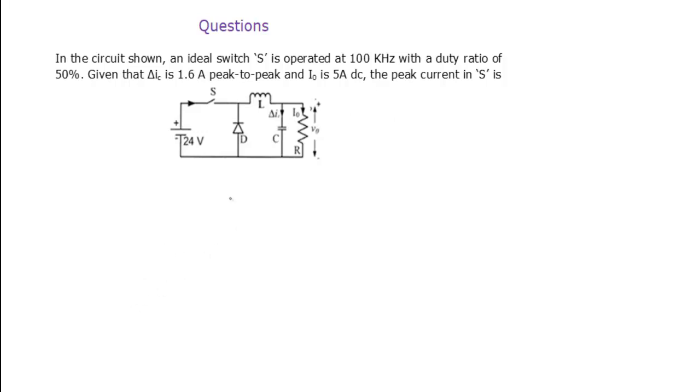Again we need to look at the position of the inductor. The position of the inductor here is on the load side. That's why this is nothing but a buck converter again.